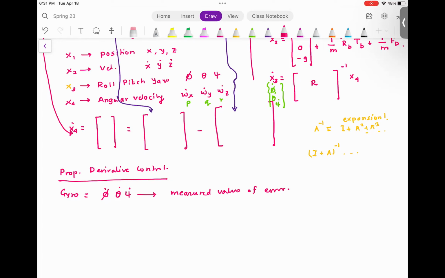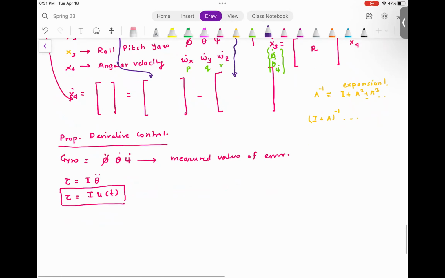So what I'm going to do is use the equation tau is equal to I theta double dot, and I'm going to use tau is equal to some type of controller term, which is u of t. So a quick recap.